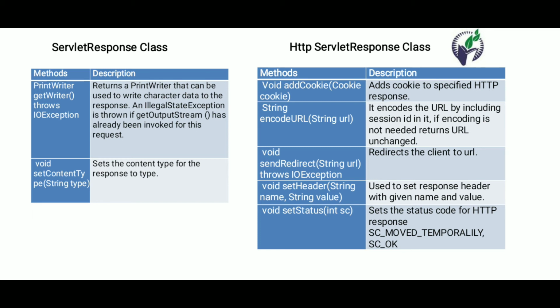Generally, the servlet response class contains two methods, the getWriter method and the setContentType method. These two methods are the most basic methods which we must have in our servlet. Using the getWriter method, the data that comes from the response is displayed using the printWriter class.